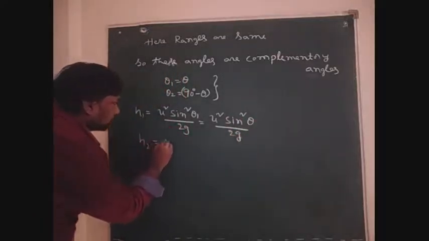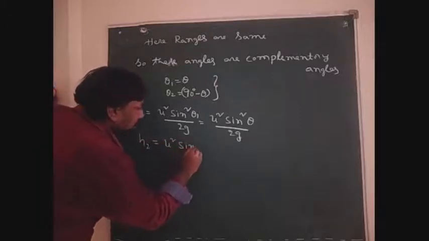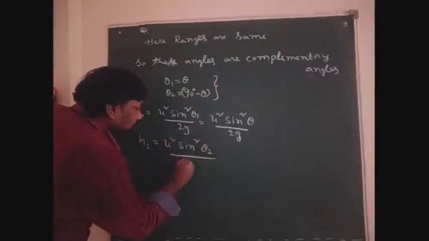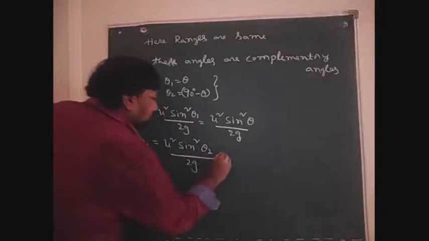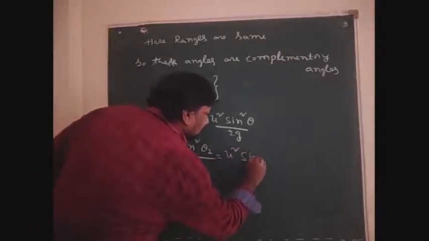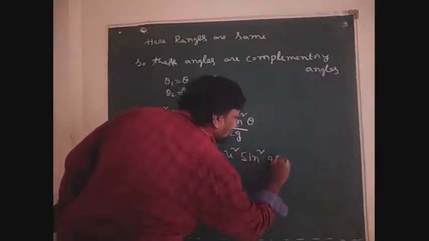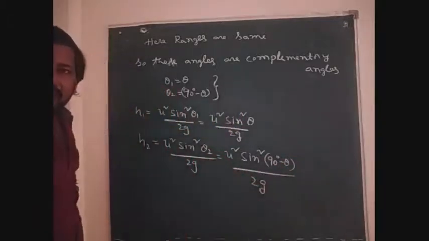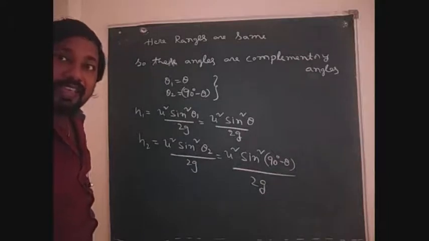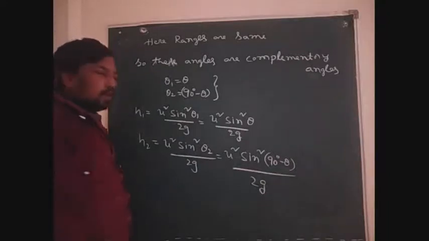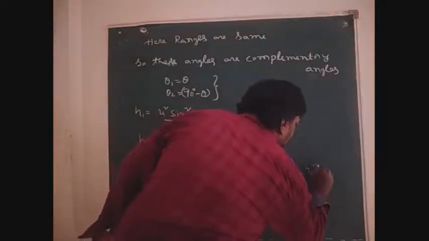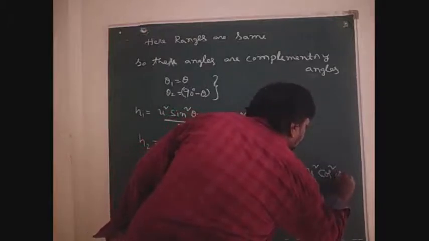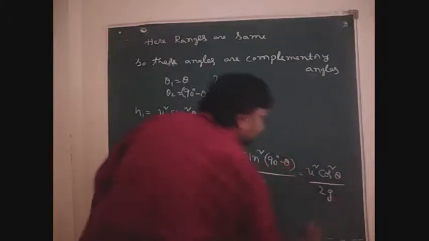H2 is u square sine square theta 2 by 2g, so u square sine square of 90 minus theta by 2g. Sine of 90 minus theta is cos theta, so sine square is cos square theta. So that is u square cos square theta by 2g.